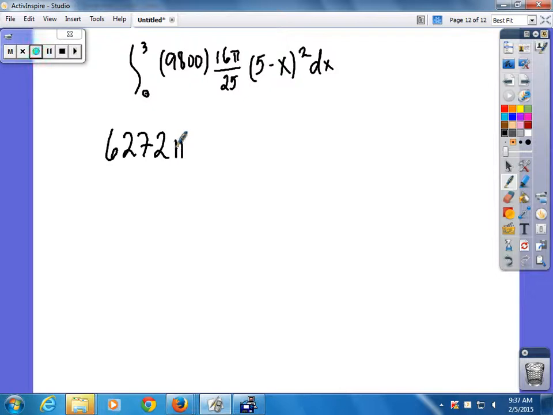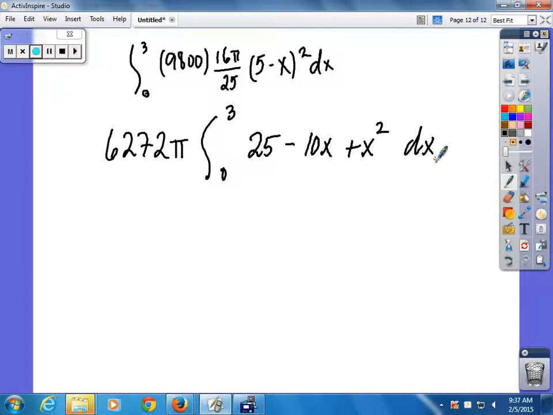Oh, okay. And 0 to 3 of 5 minus x. Let's just skip that step. Thing over 25 minus 10x plus what? x squared dx. That whole quantity should be x squared.